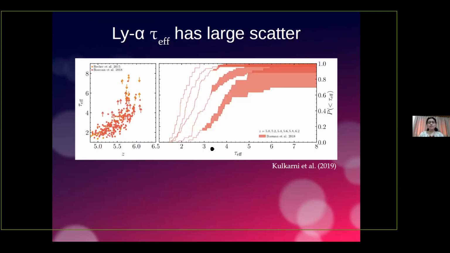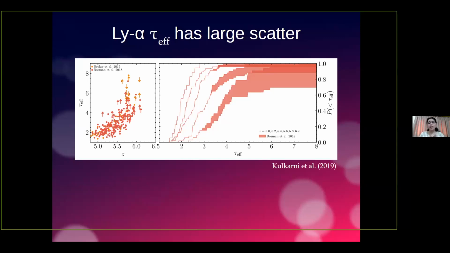Because of the latest observations in the Lyman alpha absorption spectra of high redshift quasars between redshift 5 and 6, we have been able to make a large catalog of the effective optical depth of the Lyman alpha forest at these redshifts.